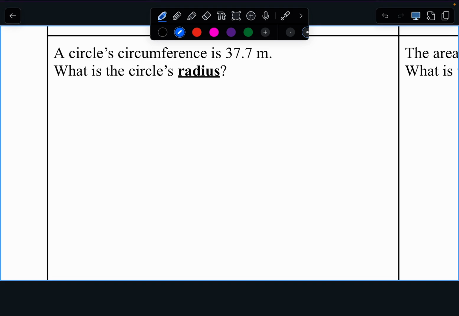So, let's start with our formula. Circumference is equal to 2 pi r. So if we know that the circumference is 37.7, that's equal to 2 pi r.